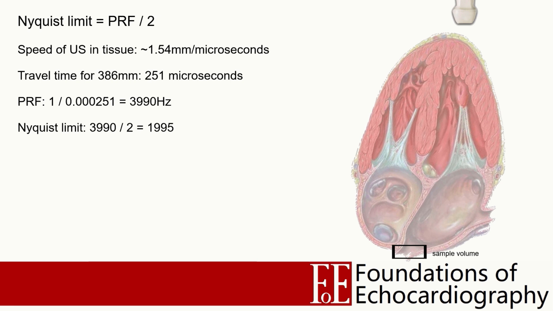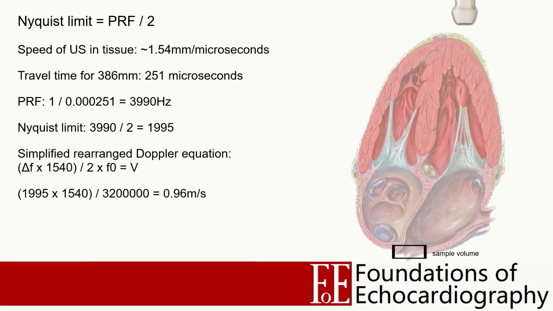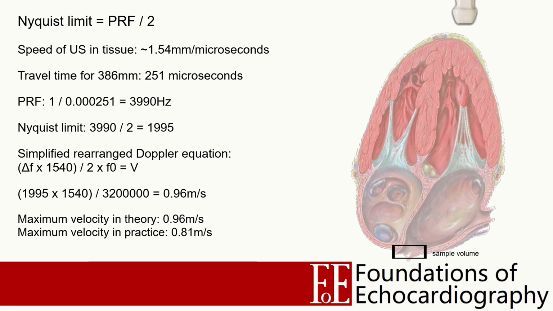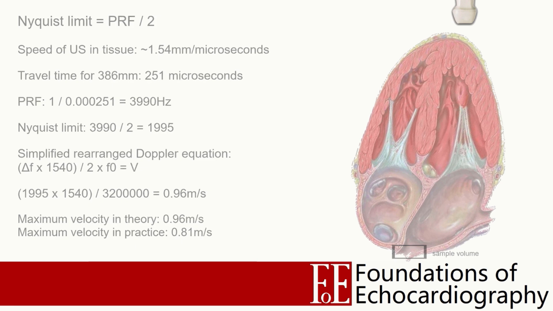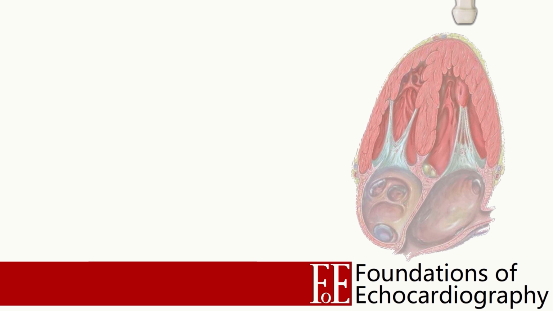Using a transmitted frequency of 1.6 MHz, we might hope to detect velocities up to 96 centimeters per second in either direction. In reality, when I tried this on my own system, I could get velocities of 81 centimeters per second, but not higher. The maximum velocity we might hope to achieve in theory is never achieved in reality.